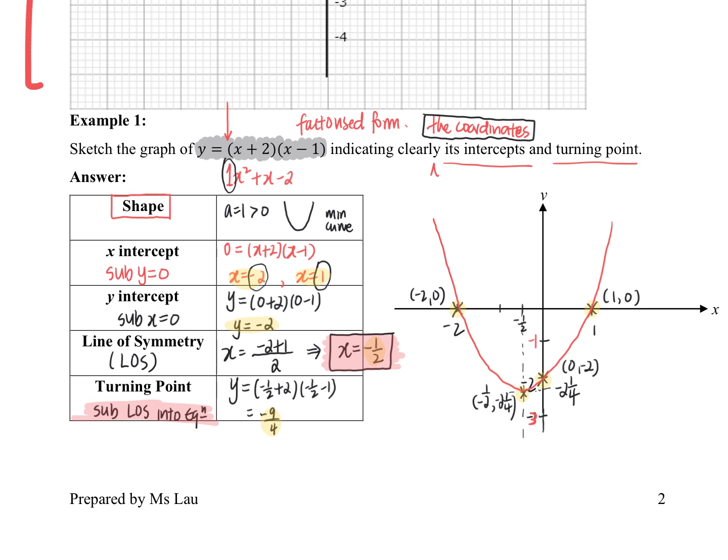Then make sure it's a solid line downward. Cannot be dotted because they're asking you to draw the line out. And then label its equation. So this is x equals to -1/2, your line of symmetry, if the question asks you to draw. If you draw but they never ask, will you be penalized? No.